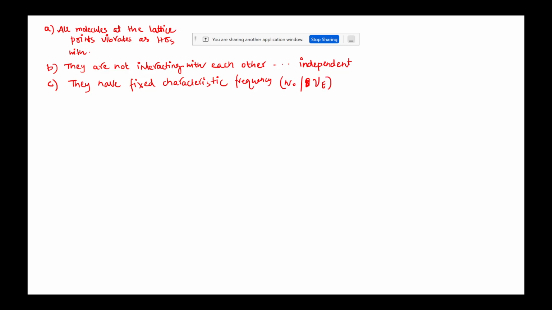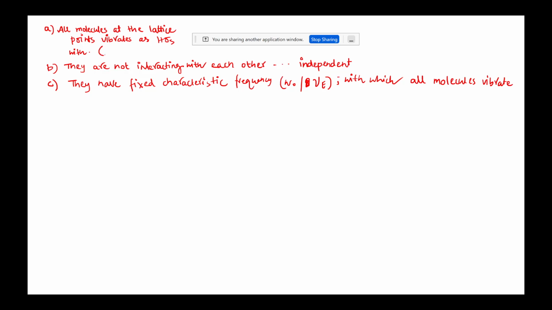For derivation I will consider omega naught. So they have a fixed characteristic frequency with which all molecules vibrate.